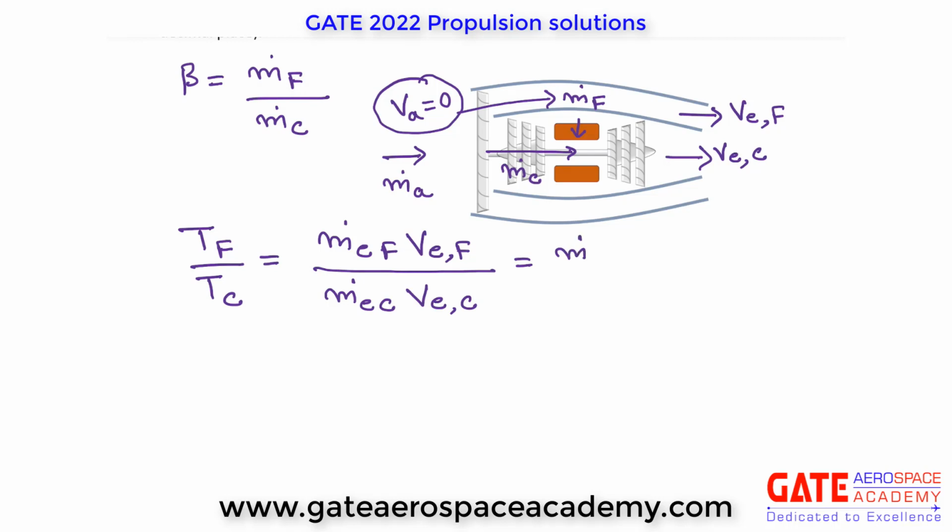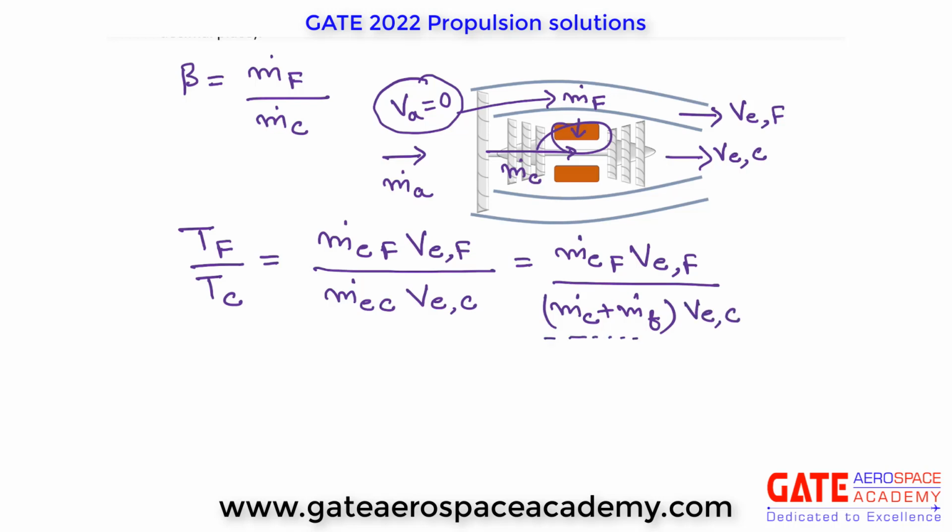So m dot E through fan duct into V exit fan upon this m dot E through core, we can write m dot C, and here we are mixing the fuel, so plus m dot small f, this is exit mass flow rate from core engine, into V exit core.